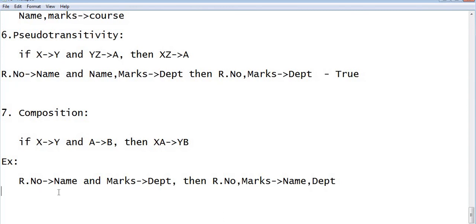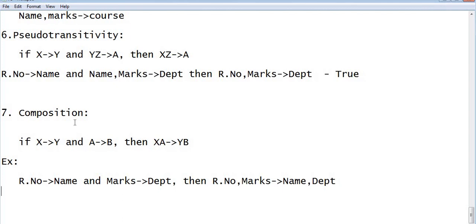If you know these two functional dependencies, we can determine the name as well as the department of the particular student. So this is the composition property, which comes under Armstrong's axioms.